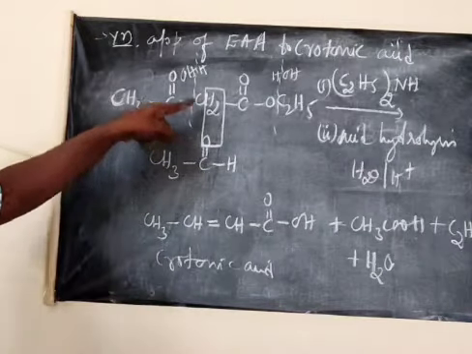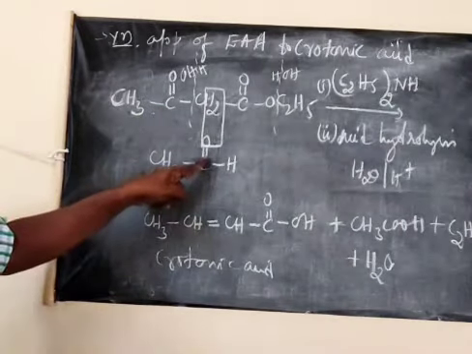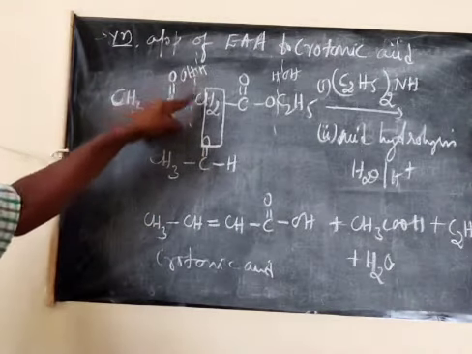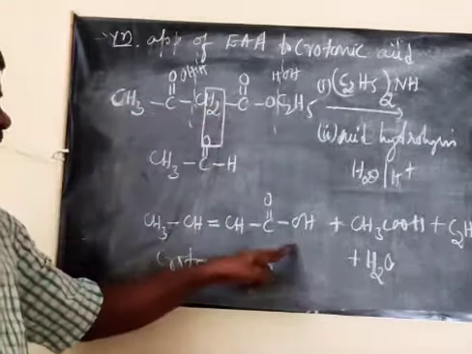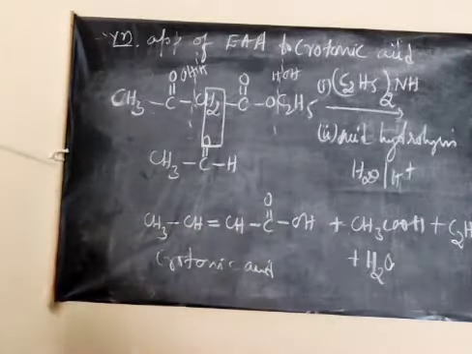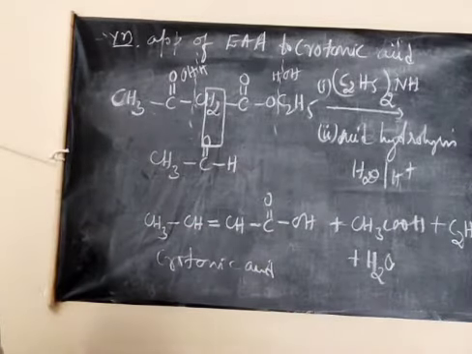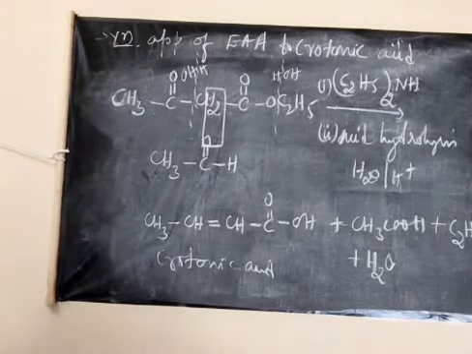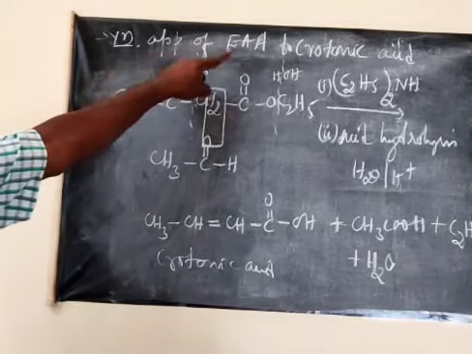See, CH3 CH=CH COOH, crotonic acid, plus CH3COOH plus C2H5OH. So these are the synthetic applications of ethyl acetoacetate.